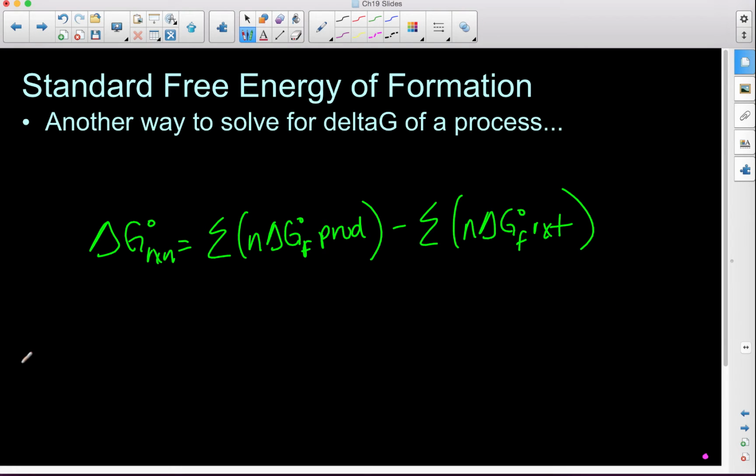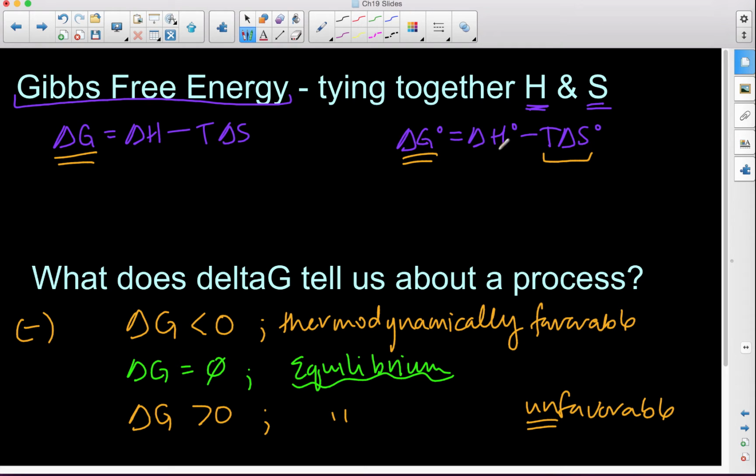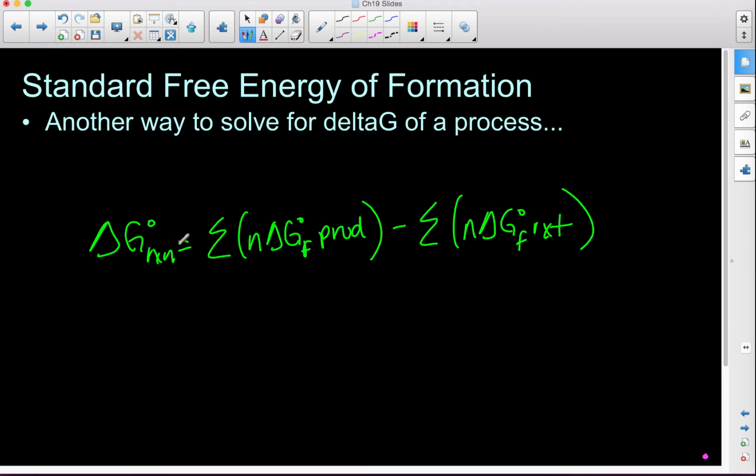Another way to solve for delta G of a process: if we know these two terms, we can solve for delta G using this equation. Another way, just like we did for enthalpy and entropy, is to use the standard free energy of formation. Here we are bringing back the formation term, because this is the amount of free energy, which again correlates back to work, associated with a process.